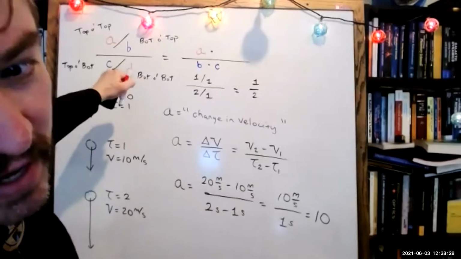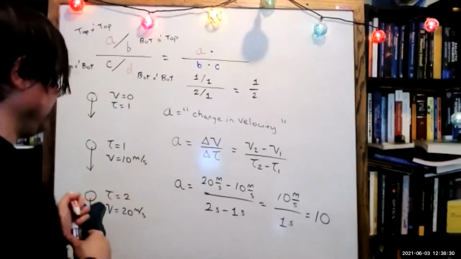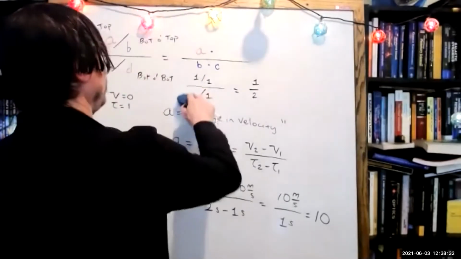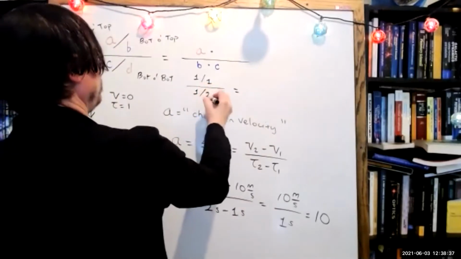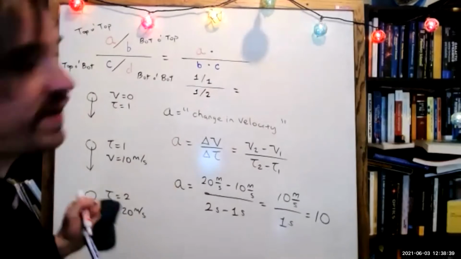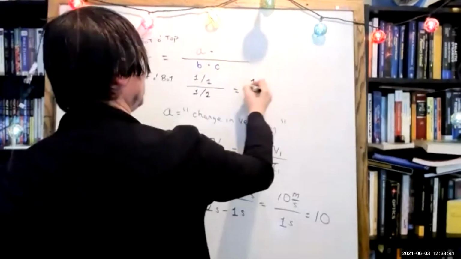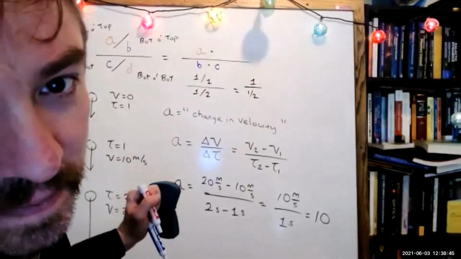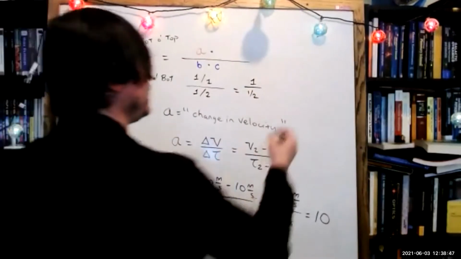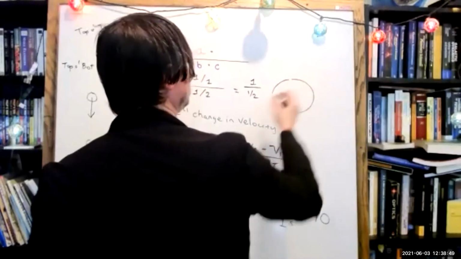Now, the one that I've noticed really messes people up is the bottom of the bottom fraction. This one really causes people some trouble. And the way to analyze that is by the same procedure. If you do 1 divided by 1 over 1/2, you have to sit there and meditate on what 1 divided by halves means. One way to think about that is 1 is an entire pizza.